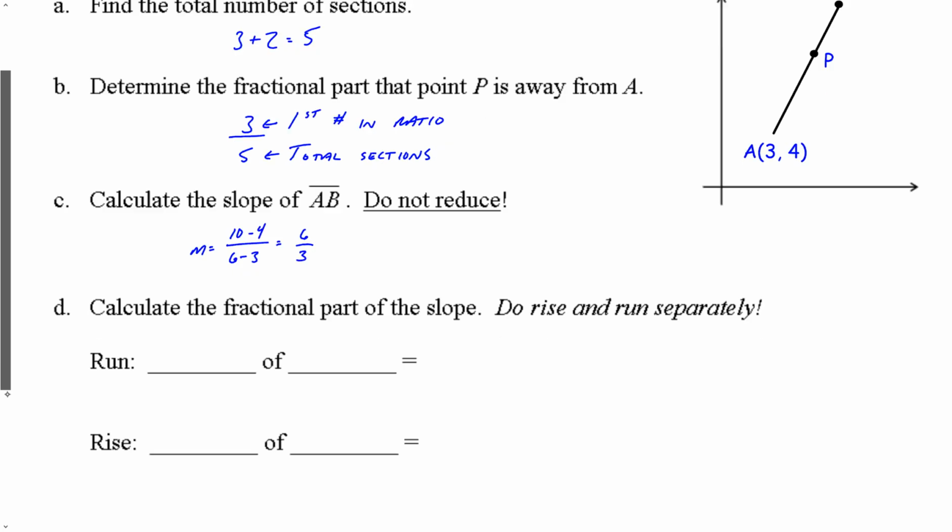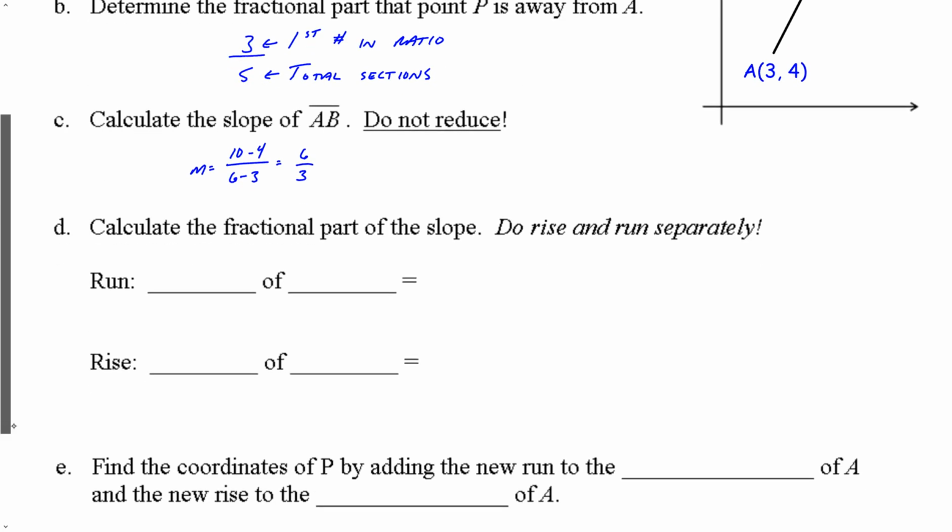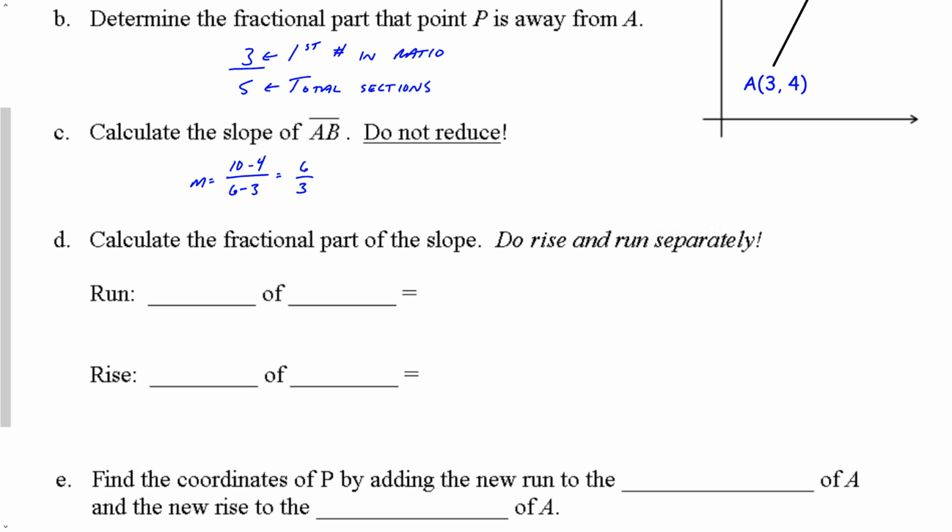So I'm going to calculate now fractional parts of the slope. I'm going to use the fraction from part B and the slope from part C to actually figure out how far up I would move and how far right I would move to go from A to P. So I'm going to take that fraction, 3/5, and if I'm dealing with the run, we have to remember slope is rise over run.